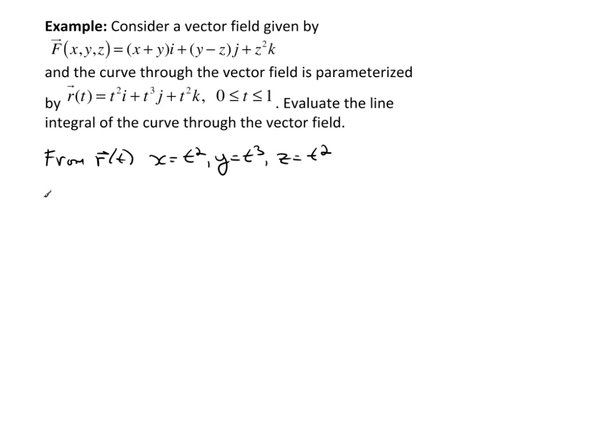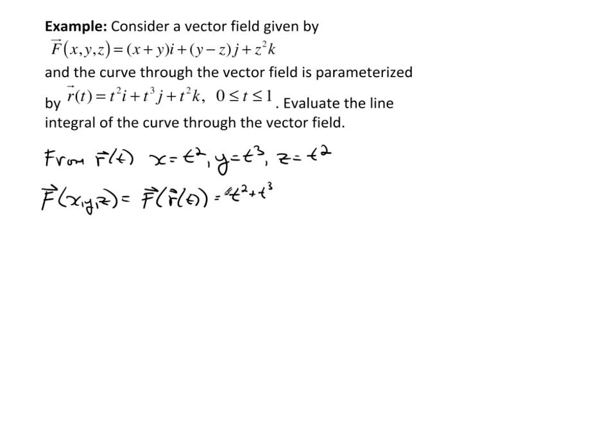And I can also write f of x, y, z as f of r of t, which is going to be, let's see here, x plus y, so that's t squared plus t cubed.